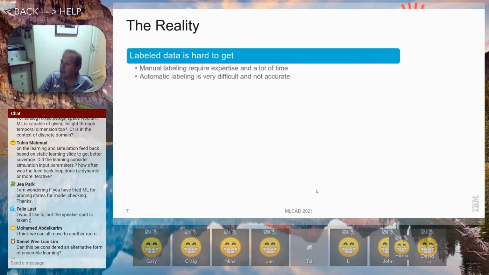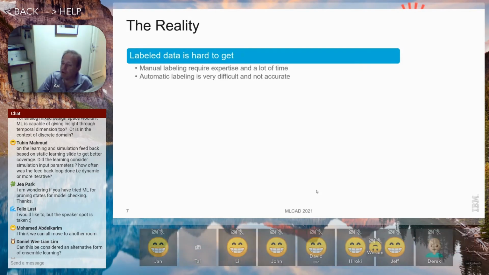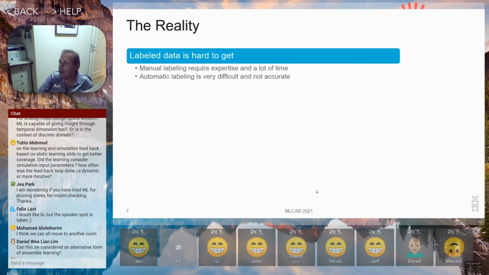And the first thing, and here I go again to labeled data, is that labeled data is actually very hard to get. And it's very hard to get because manual labeling requires a lot of expertise and a lot of time, and therefore we do not expect to get a lot of manual labeling.